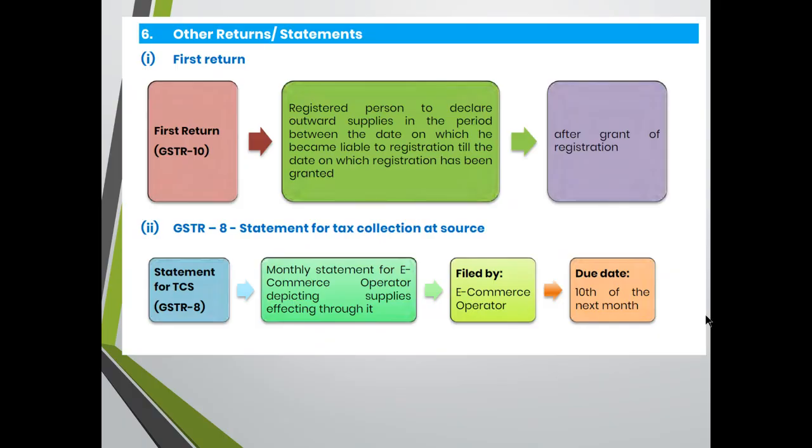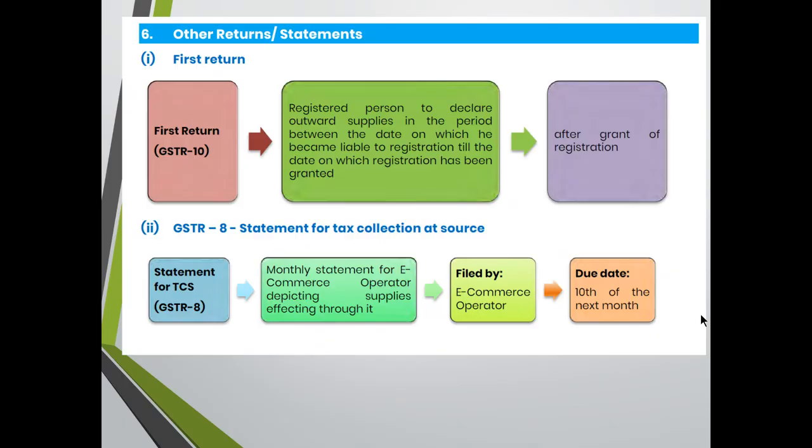This would also reflect in your TDS TCS column. Afterwards it would come to the cash ledger. So in this way, the e-commerce operators would be required to collect the taxes and submit the returns in GSTR 8.